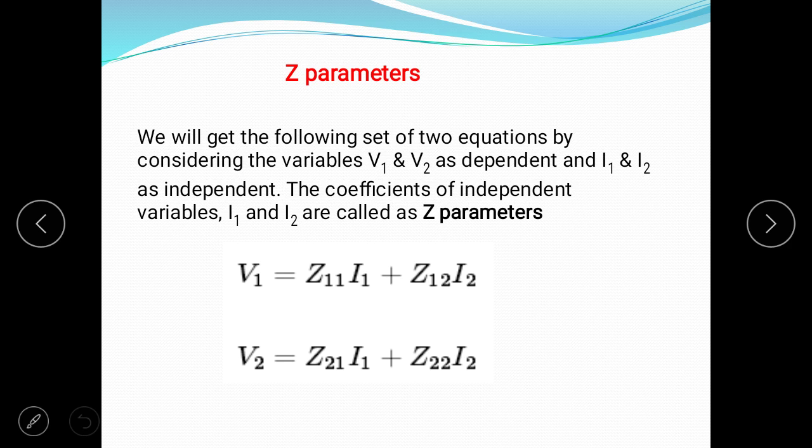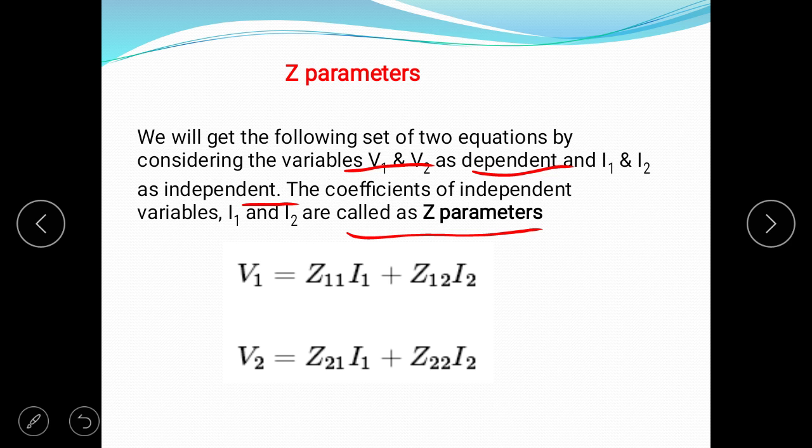So we'll get the following set of two equations by considering the variables V1 and V2 as dependent and I1, I2 as independent. So the coefficients of independent variables I1 and I2 are called Z parameters.